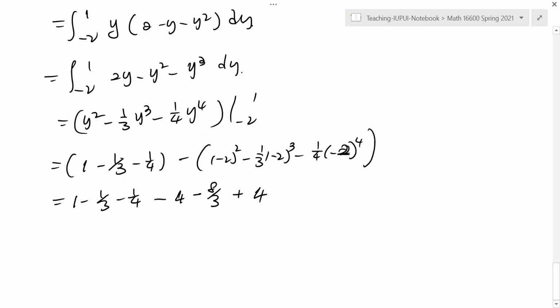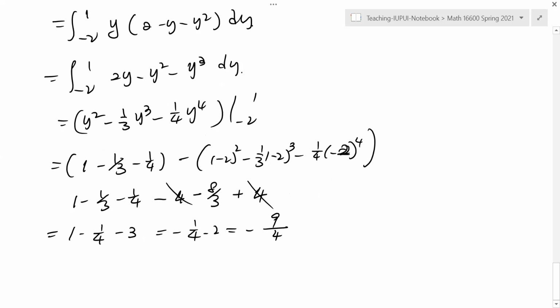It's positive. So this cancels out, right? And this will be 1 minus a quarter. Negative 1/3, negative 8/3 is going to be -3. And then it will be 9/4.